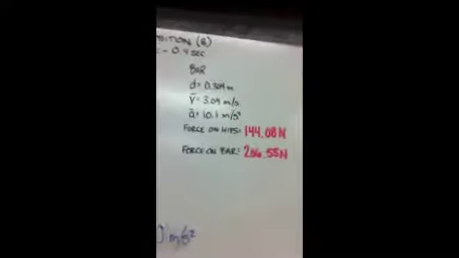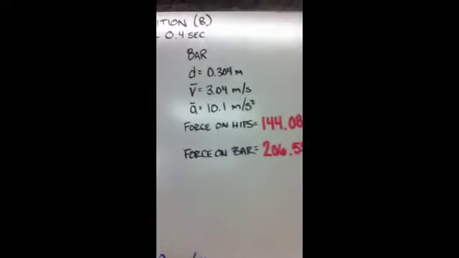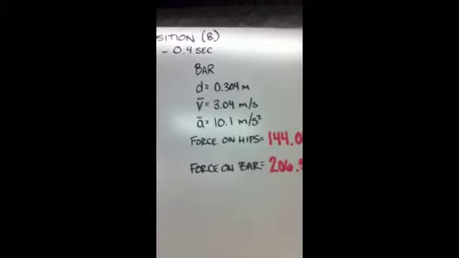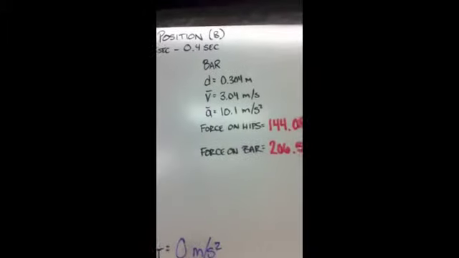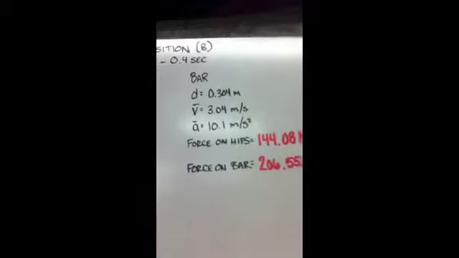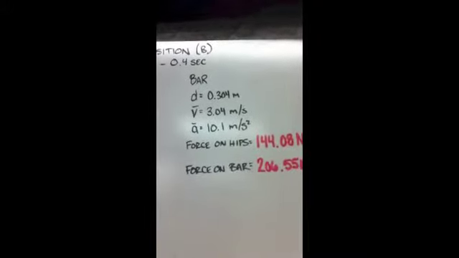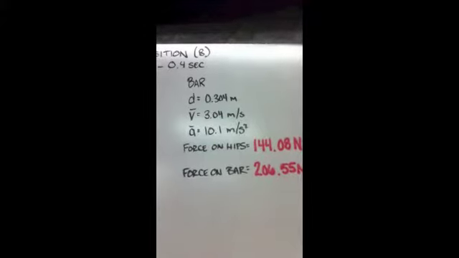This translates into a bar displacement of 0.304 meters during that 1/10 of a second, which gives me a velocity of 3.04 meters per second and an acceleration of 10.1 meters per second squared.